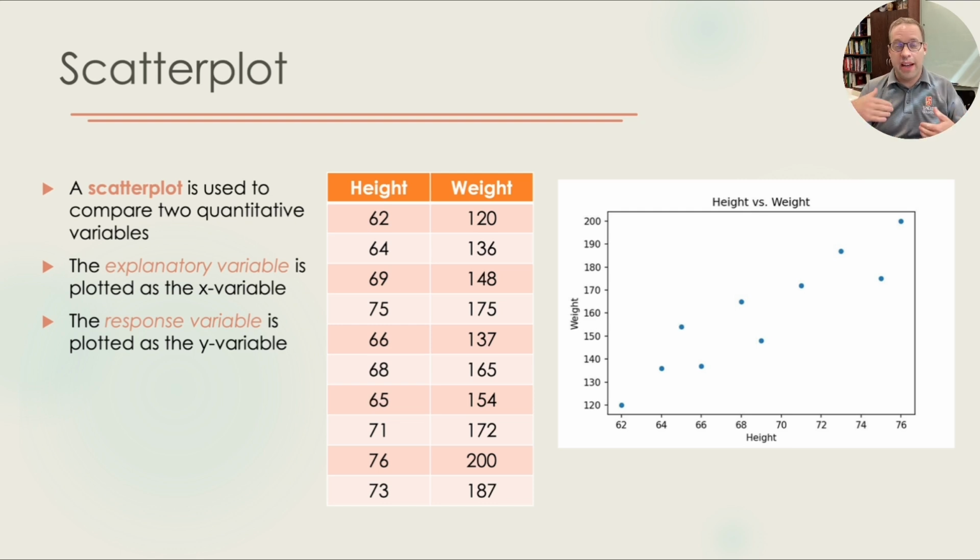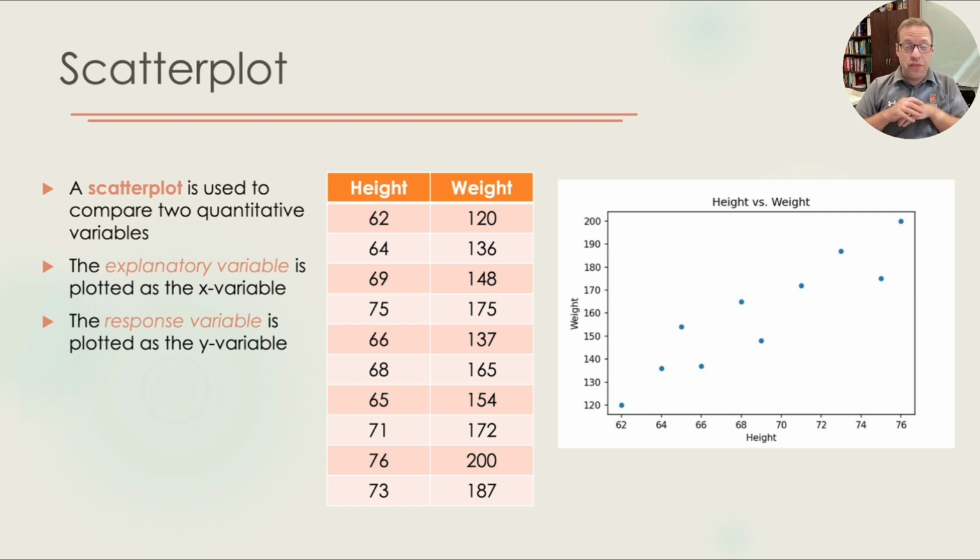Being taller means you have more mass, so you should have a larger weight. So height influences weight. So height is going to be my explanatory variable, weight will be my response variable. And so you see my graph here, my scatter plot, height is on the x-axis, weight is on the y-axis.